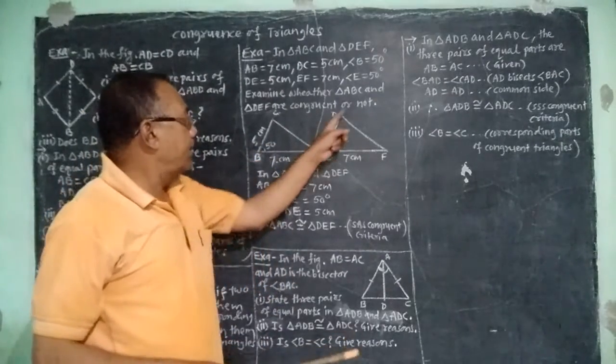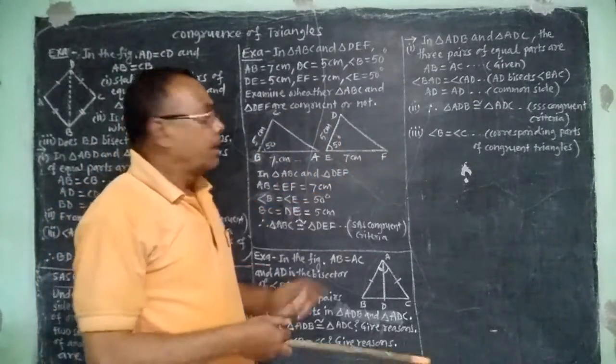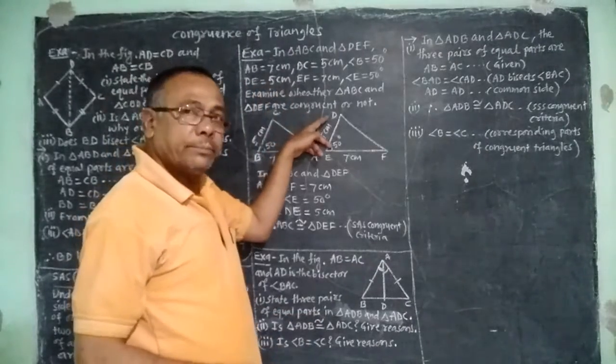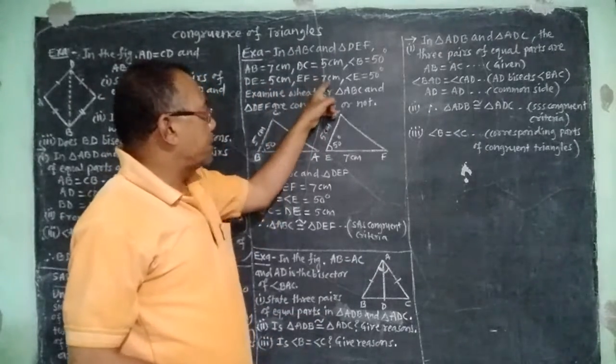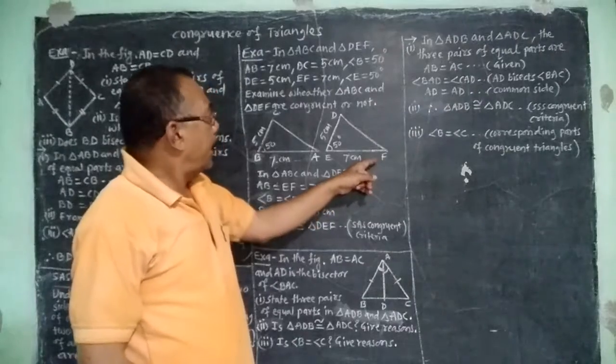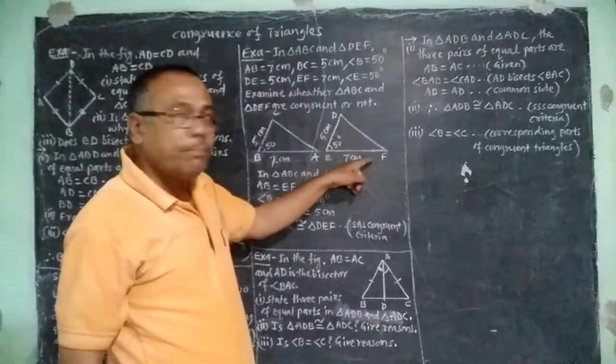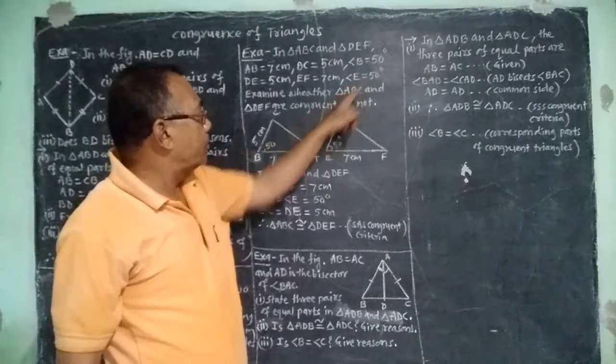Then in triangle DEF, side DE is equal to 5 centimeter, EF is equal to 7 centimeter, and the angle included by these two sides DE and EF, that is angle E, is equal to 50 degree.